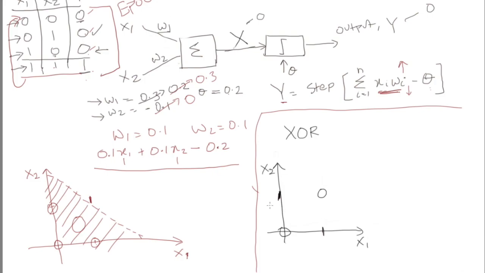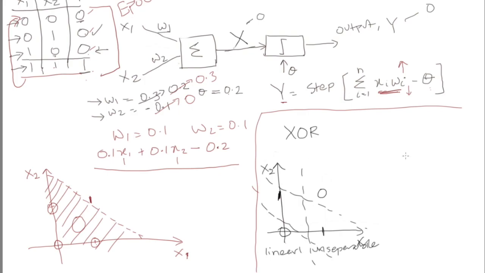So this presents a unique challenge to our perceptron, because you cannot possibly come up with a linear decision boundary that can separate the training instances nicely. So we say that this problem is linearly inseparable.